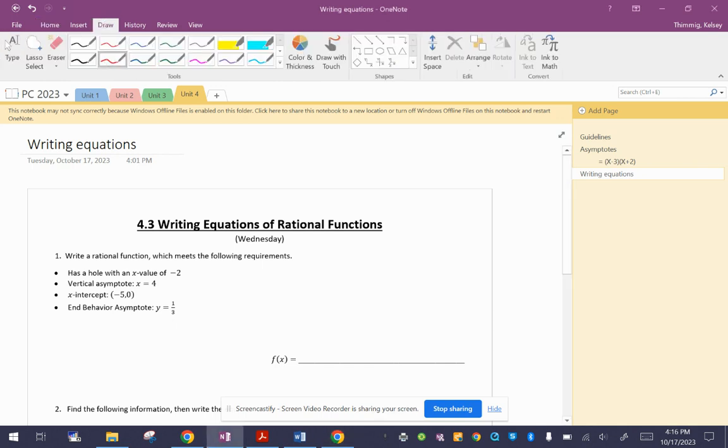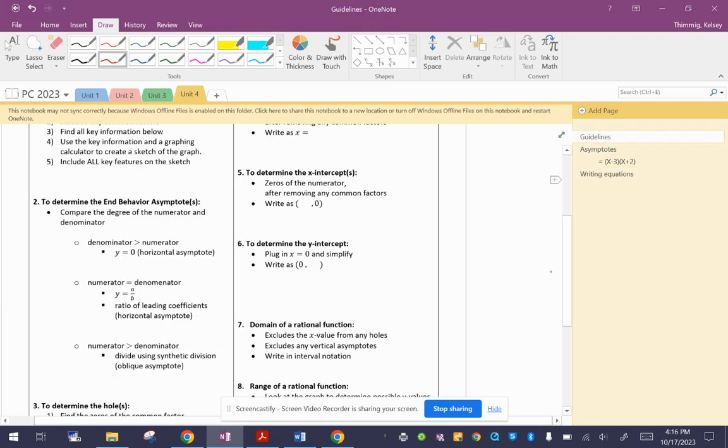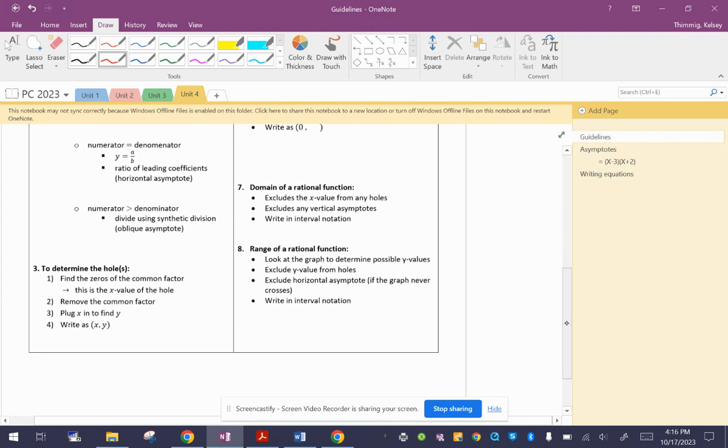So we know it's going to be a rational function, so I know I'm going to have a big fraction. And we're writing an equation that has a hole with an x value of -2. If we go to our guidelines and find where it talks about the holes, it says to find the holes, we're going to determine the zeros of the common factor.